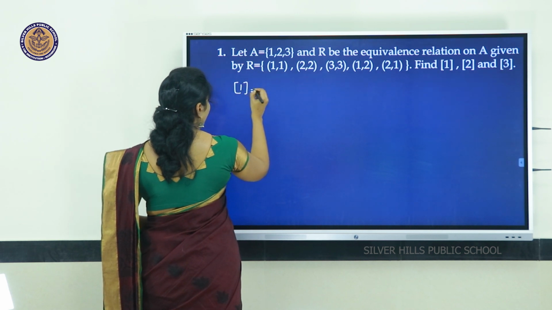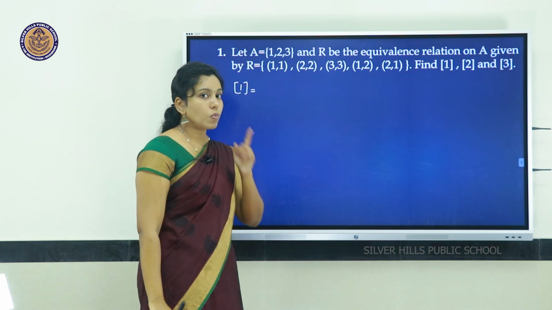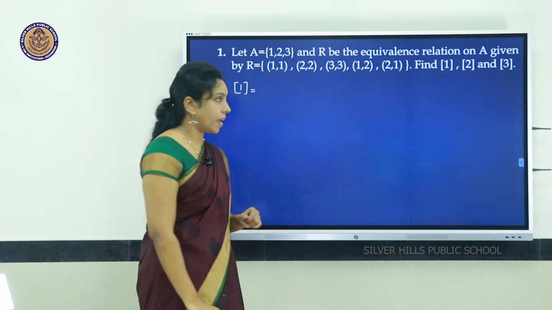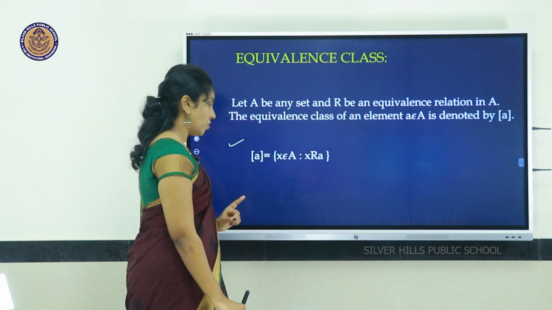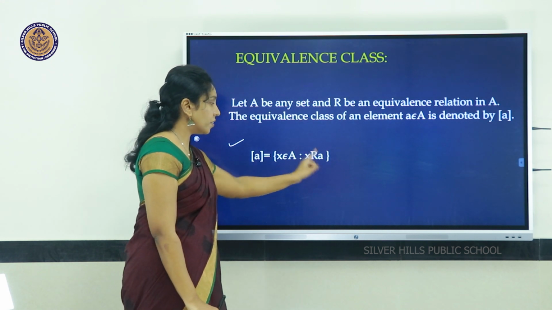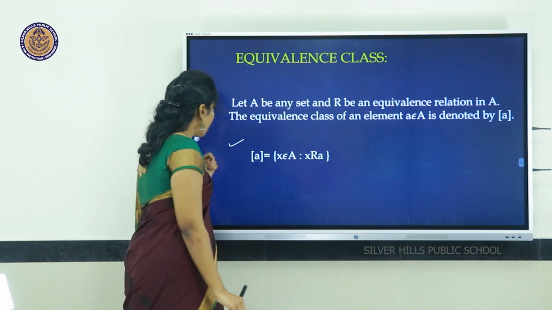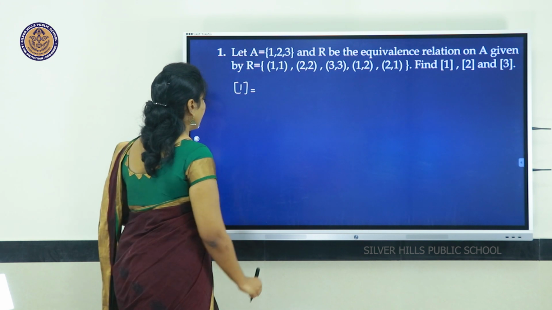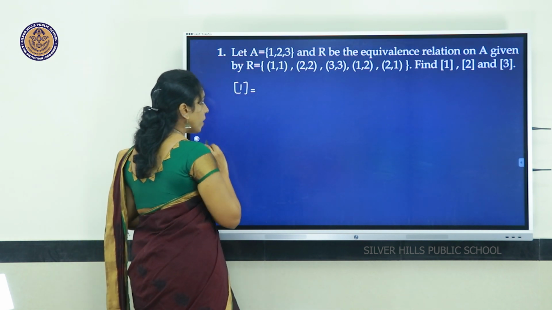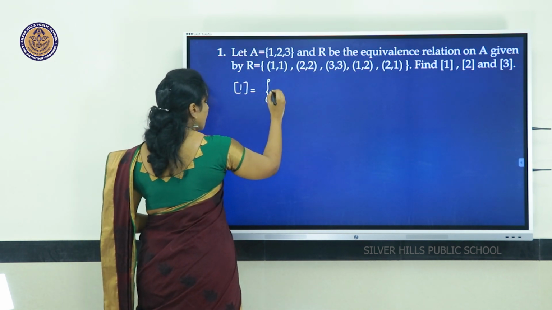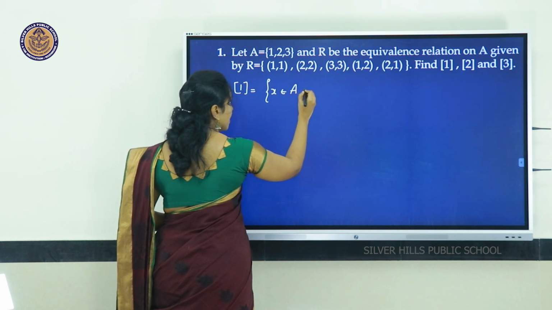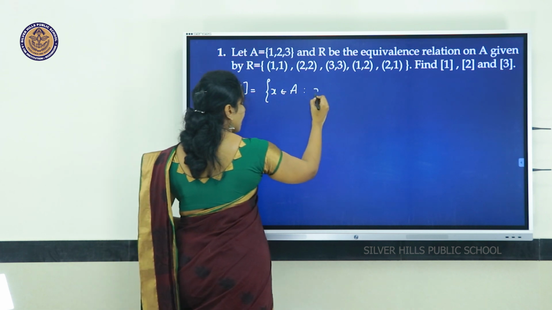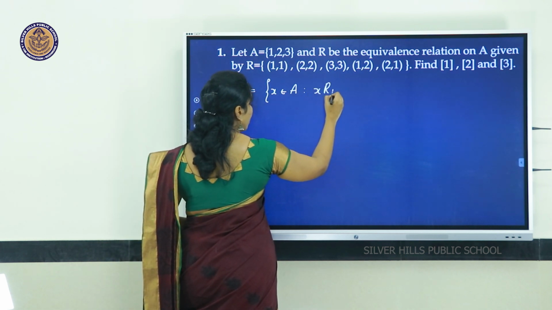Let us find equivalence class [1]. What was the definition of equivalence class [a]? Here it is, the set of all x in A such that x is related to a. So, in the place of a we have 1 here. So, I would write equivalence class [1] is the set of all x in A such that x is related to 1.